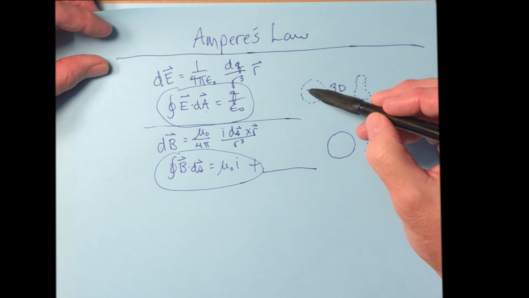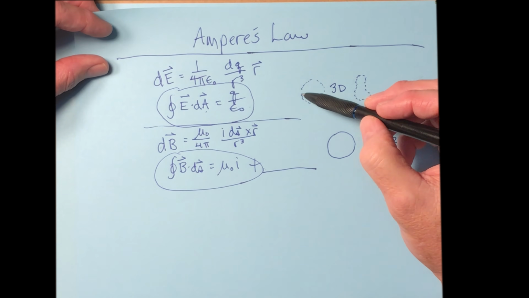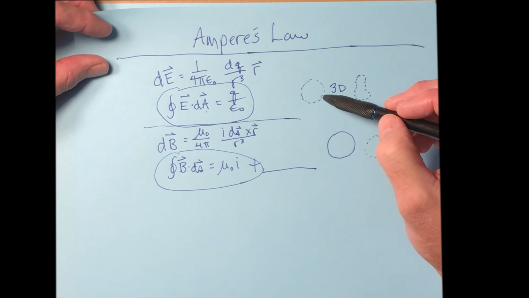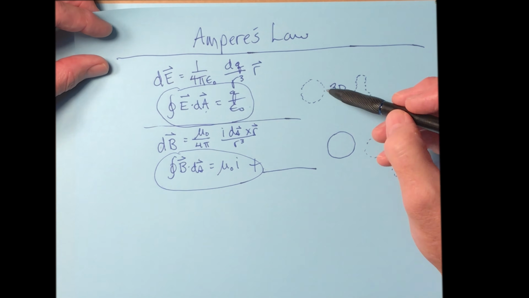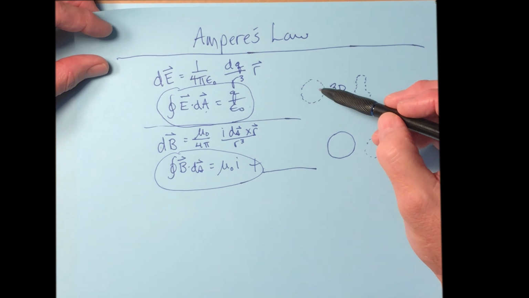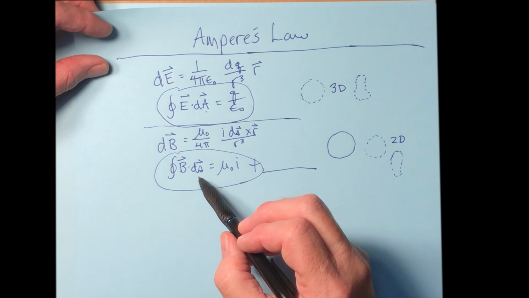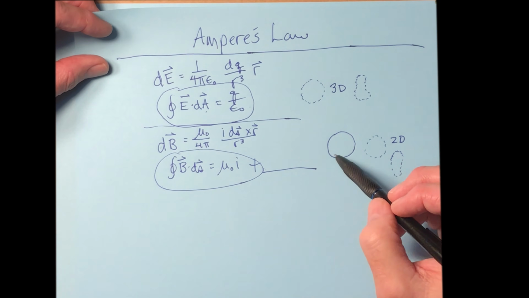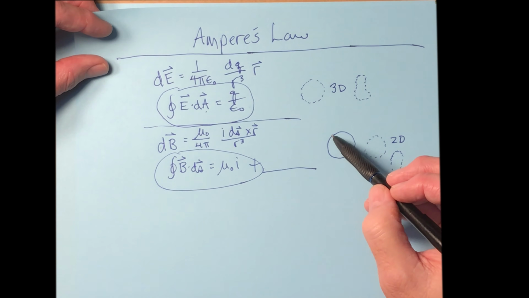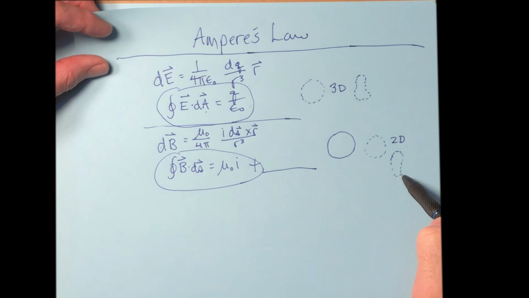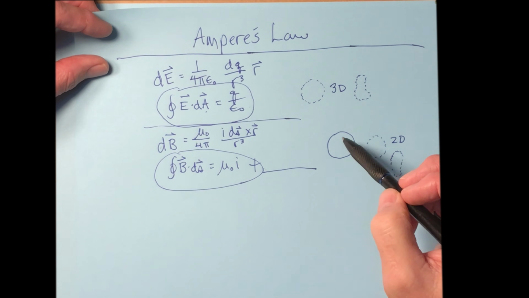Up here, to get a direct solution for Gauss's law, we needed to easily be able to compute the surface area. Well, down here, because we're talking about a line integral and a closed loop, we need to be able to determine the circumference of that loop, or the length of that material around the 2D surface here. Okay, so what does that mean?